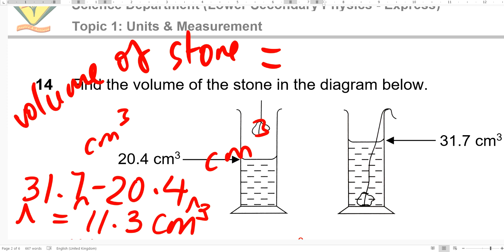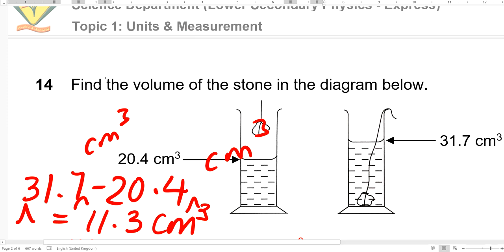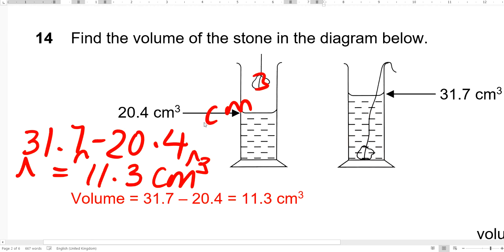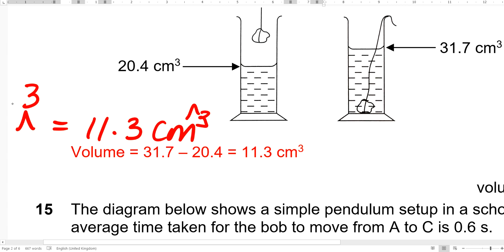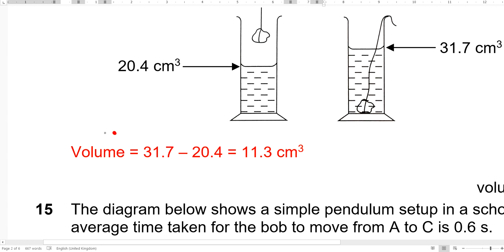Subsequently, you will see problems that require more steps. When you have more steps and you give me something plus something or something times something, wow, many lines of steps, I don't know what you're doing. So it is important that you write down what you are calculating. In this case, you can simply write volume equals to something minus something and get the answer with the units.